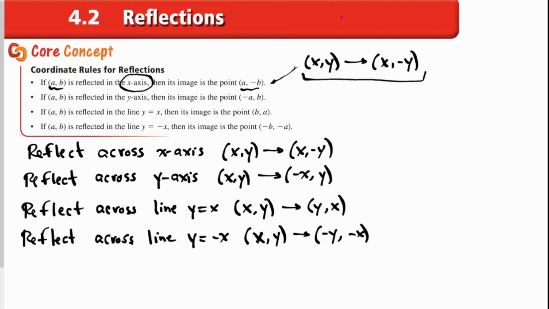So we've written a motion rule for each of these scenarios, and we can even give these a verbal description. When we're reflecting across the x-axis, simply change the sign of the y coordinate. If we're reflecting across the y-axis, then we simply change the sign of the x coordinate.